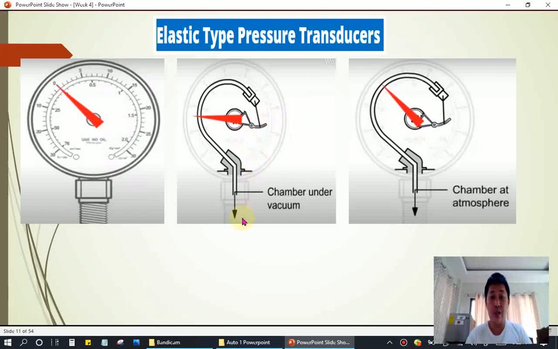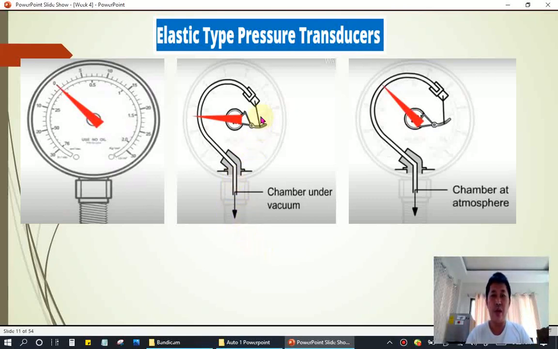We can see here the chamber under vacuum. There is something just like a coil, but it is mechanical. This is a copper tube inside in the form of a coil. When there is pressure here, this is a hole. Your fitting is connected to your pipe or to your pump.